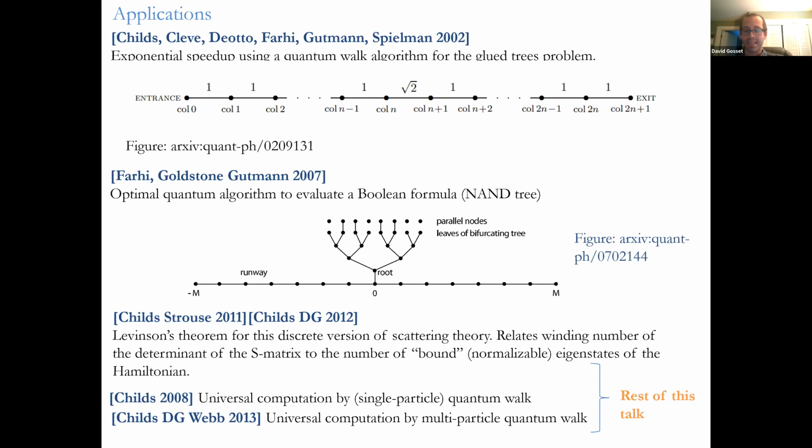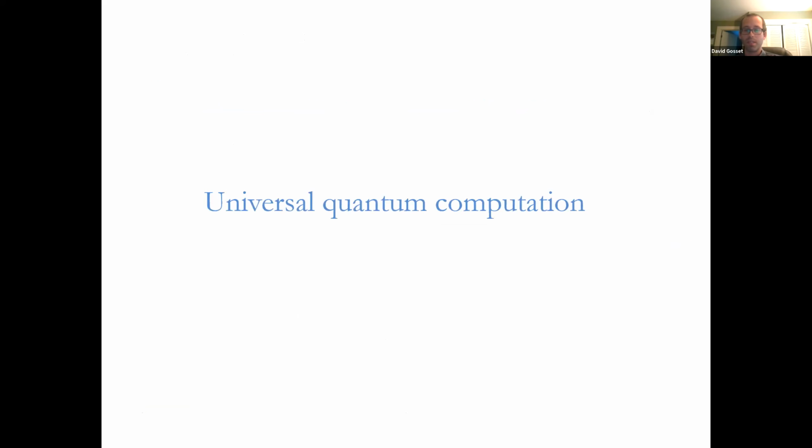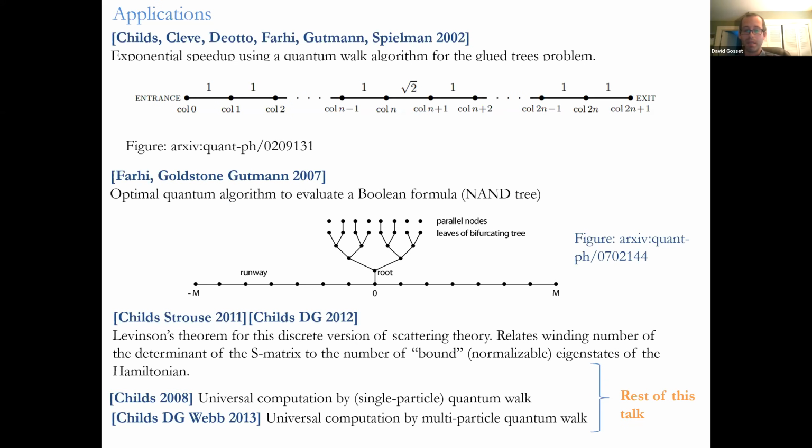Our construction with many particles, in fact a linear number of particles in the number of qubits, uses a graph of much smaller size. I'll describe these results in the rest of the talk. So at this point, if there are any questions about the scattering theory or the history of this, now would be a good time, because I'm going to switch to describing these last two results in the rest of the talk.